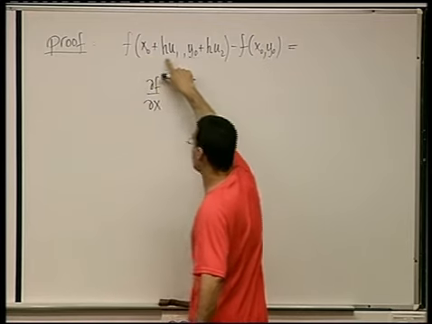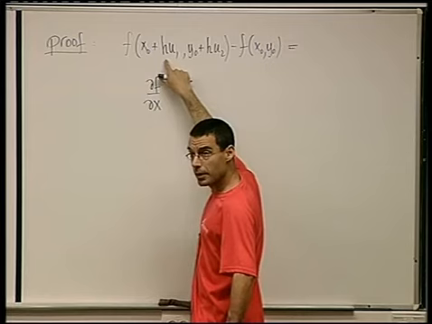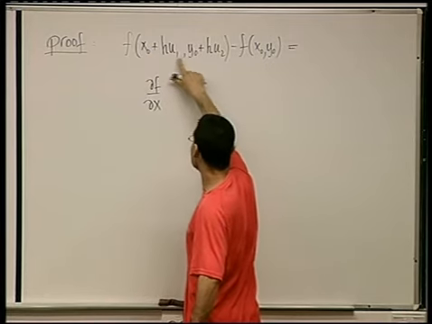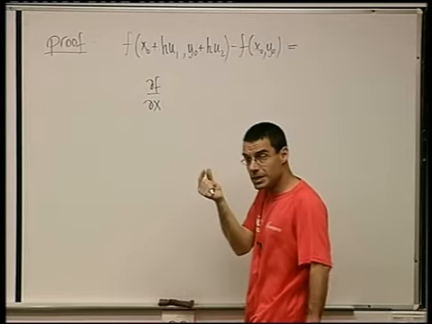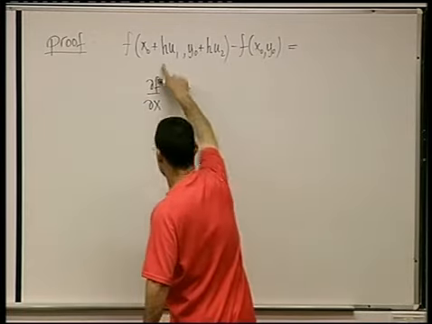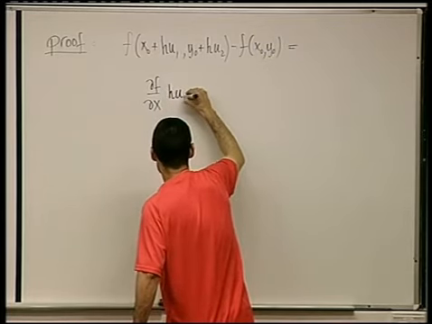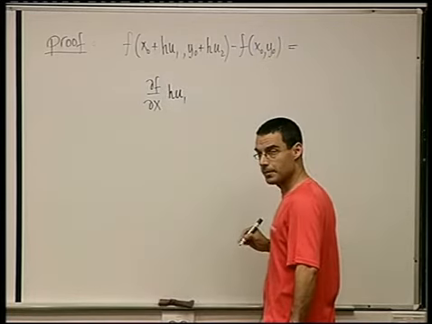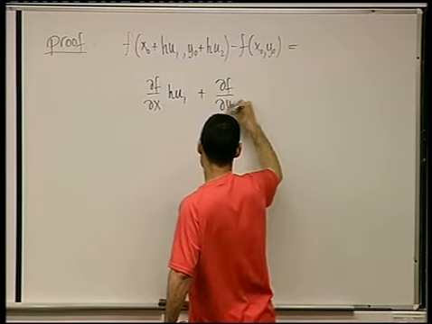H was the increment in the x direction. Remember? We had in general x0 plus h, y0 plus k. So h was the little increment in the x direction. So here, the little increment in the x direction is hu1, right? Plus B was df to dy, times k.